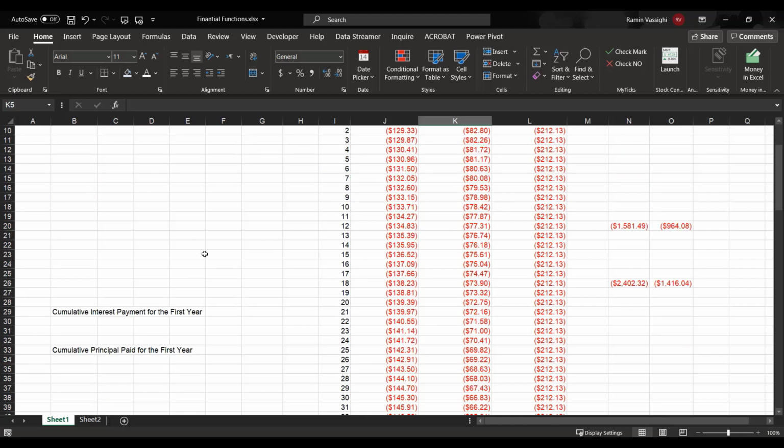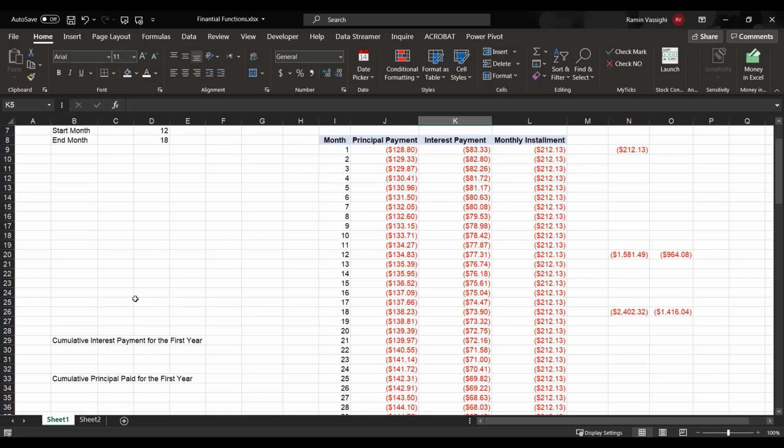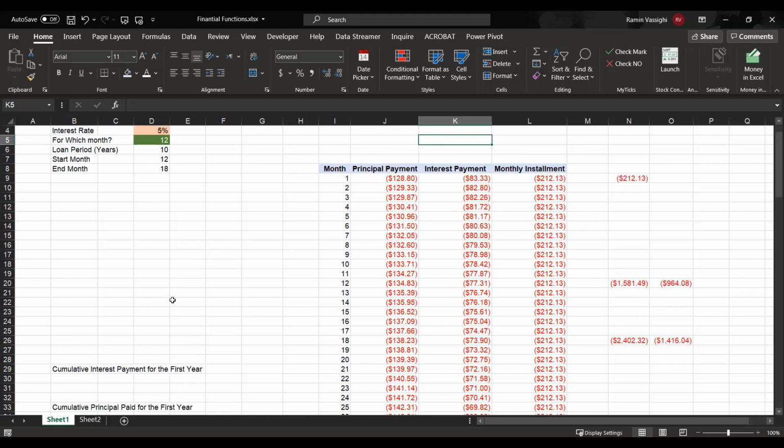Next, let's take a look at some cumulative interest paid. Let's say we paid between month 1 and month 12 in year 1. That means that we are trying to find out all the interest that we paid for the first year.